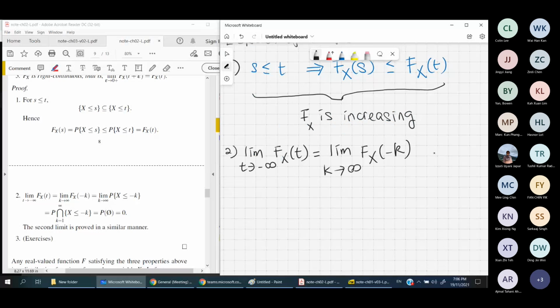According to the definitions, this is equal to the limit as k goes to infinity of P(X less than or equal to -k). Just look at this one.